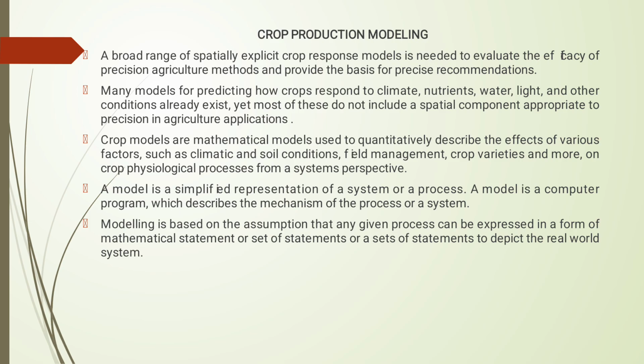Crop models are mathematical models used to quantitatively describe the effects of various factors, such as climate and soil conditions, field management, crop varieties and more, on crop physiological processes from a systems perspective.